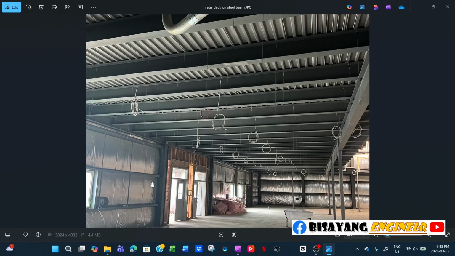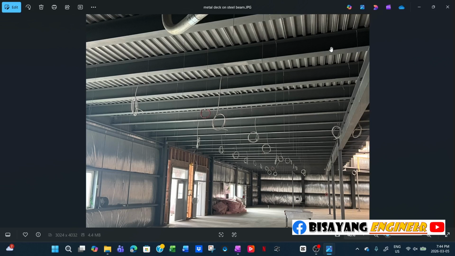Phase one is the shell of the building. It's a pre-engineered building. Then phase two is the ice rink, on the right side here, and then phase three is the mezzanine floor. When you design the foundation, of course, you have to design for this one.